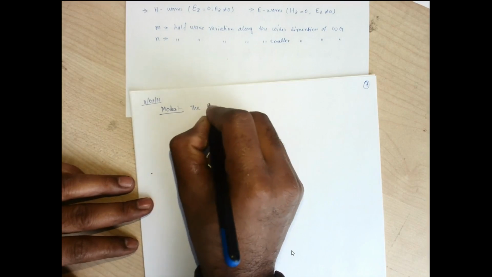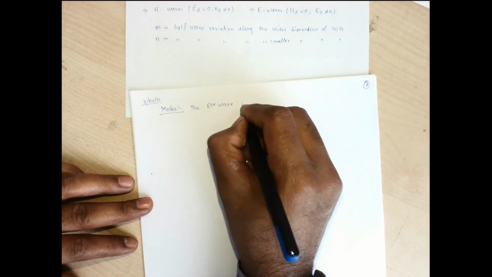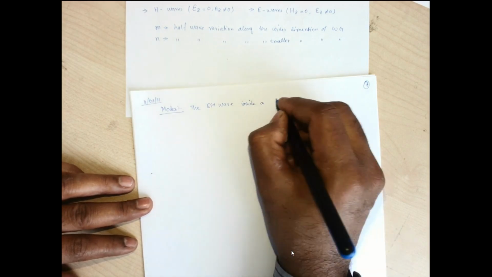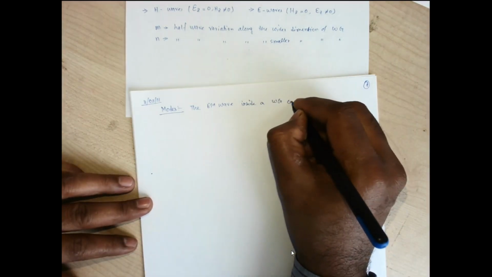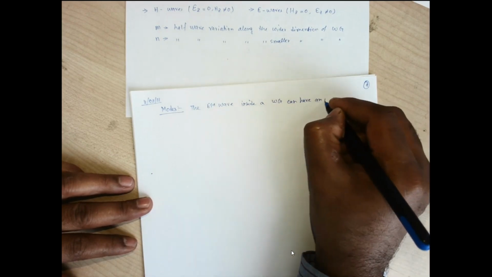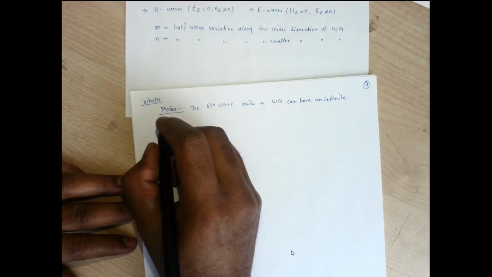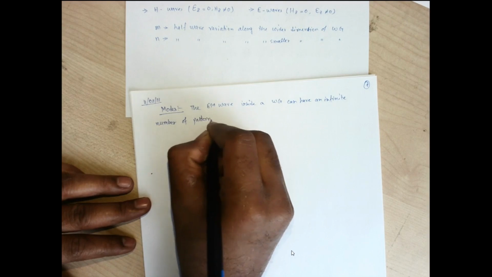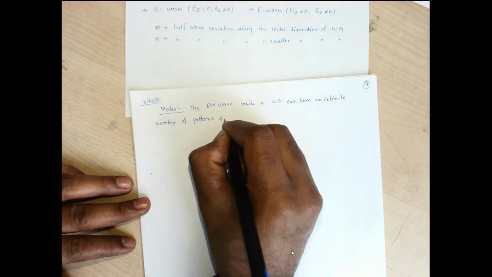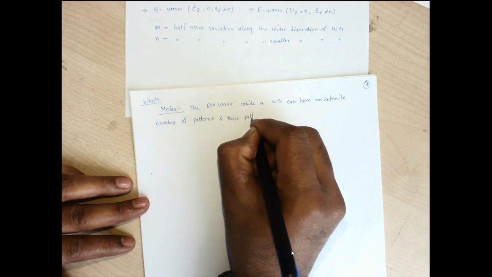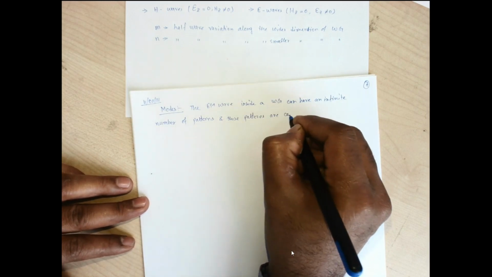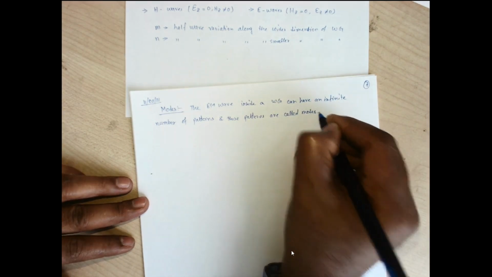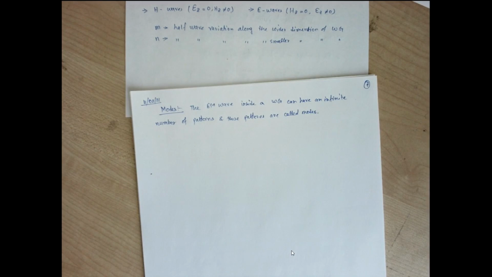The EM wave inside a waveguide can have an infinite number of patterns, and these patterns are called modes. These patterns will depend upon the small m and n values. So depending upon the combination of m and n, we can have different kinds of modes.